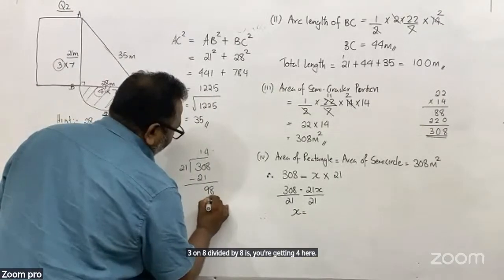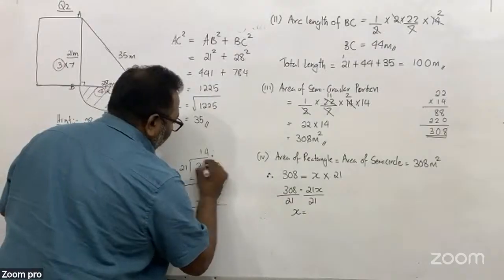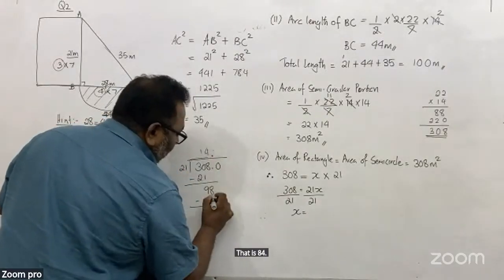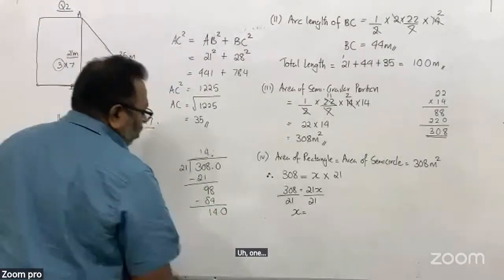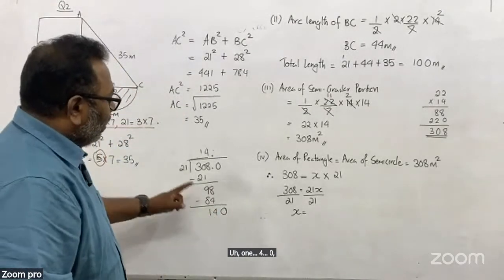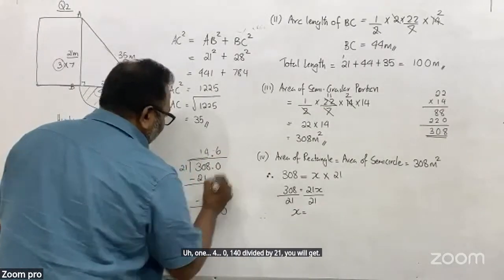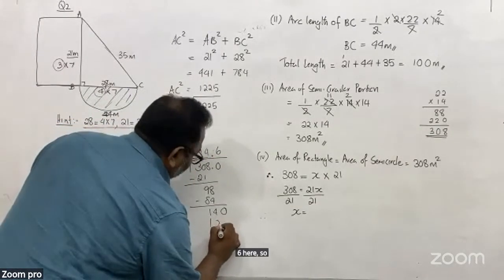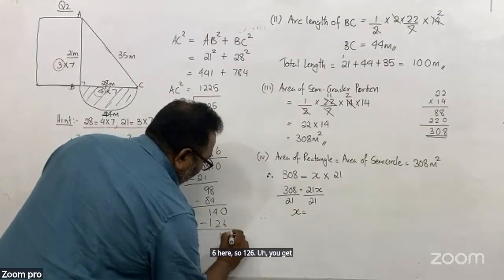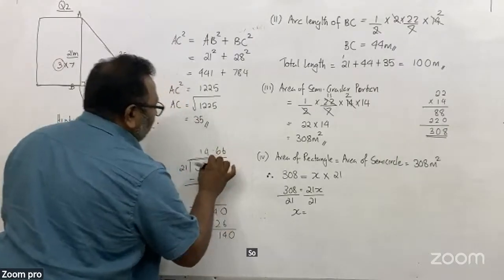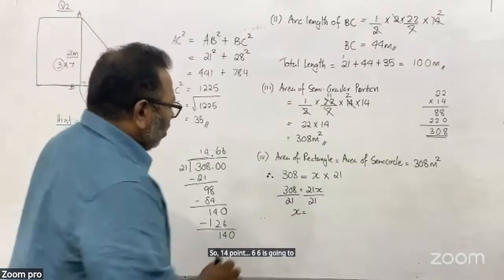That is 84. 140 divided by 21, you will get 6 here. So 126. You get another 14 here. So 14.66 is going to be your length, right?